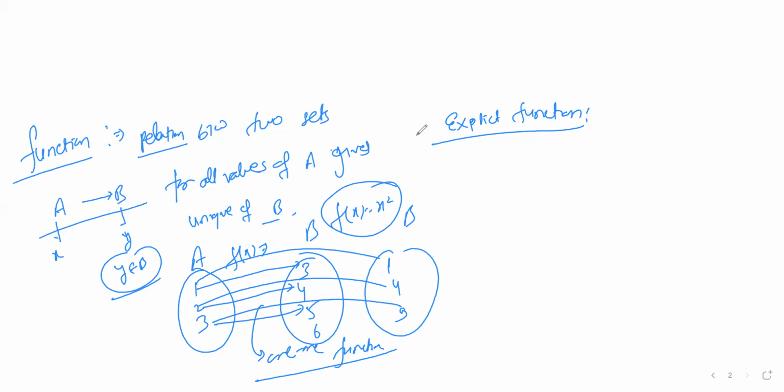The GATE point of view is here: explicit function, implicit function, composite function, even function, odd function, modulus function. These are the important subjects.